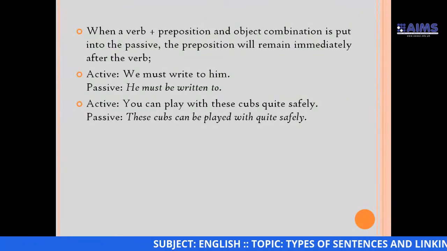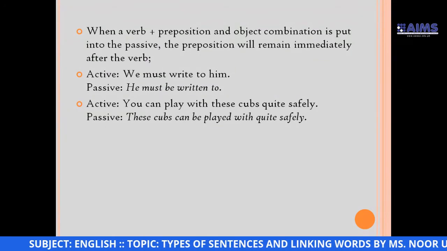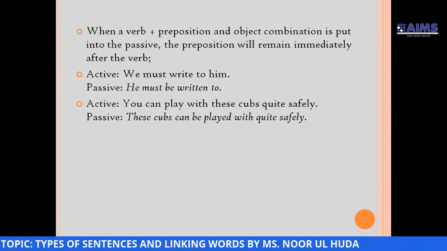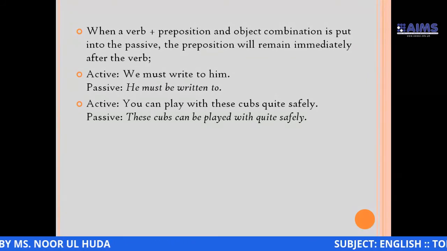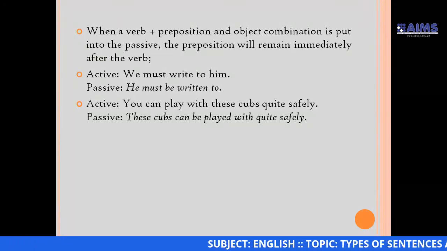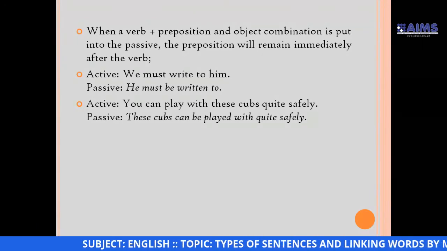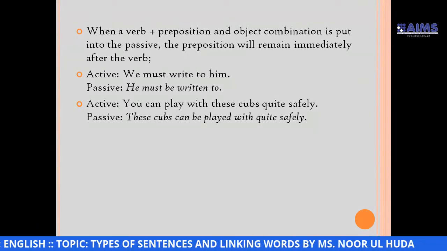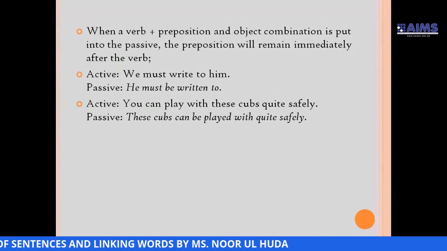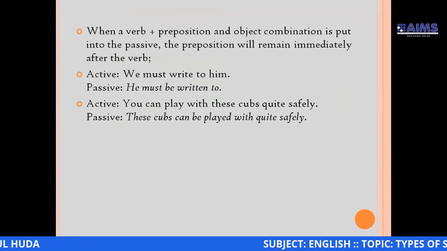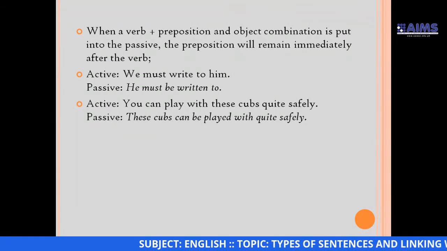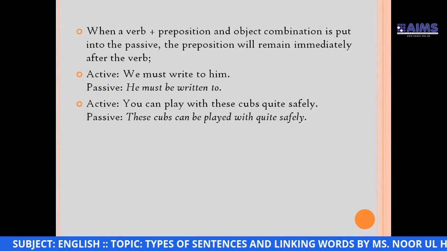When a verb plus preposition and object combination is put into the passive, the preposition will remain immediately after the verb. Let's suppose: we must write to him. So, he must be written to. If the verb is there and then the preposition is there, how should we form it?